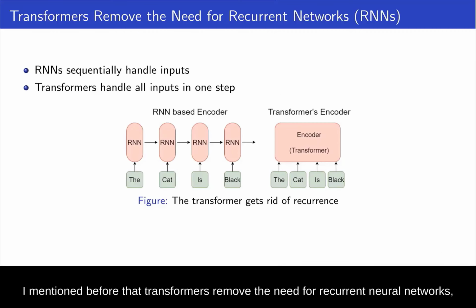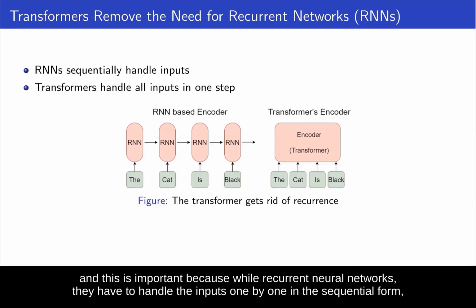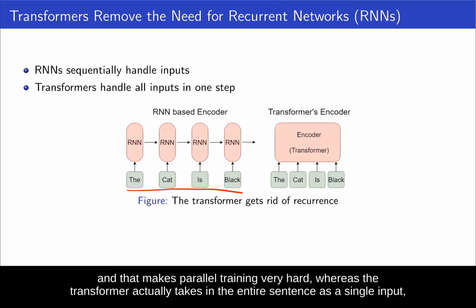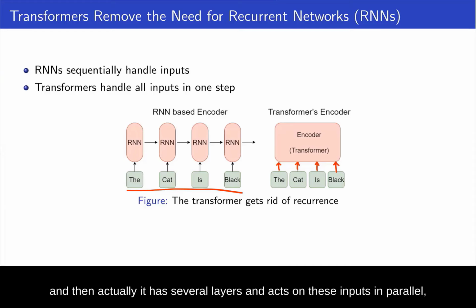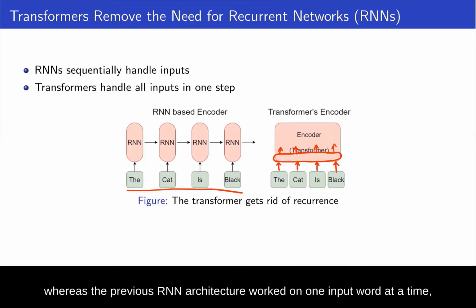So I mentioned before that transformers remove the need for recurrent neural networks. And this is important because recurrent neural networks have to handle the inputs one by one in sequential form. And that makes parallel training very hard, whereas the transformer actually takes in the entire sentence as a single input, and then it has several layers and acts on these inputs in parallel, whereas the previous RNN architecture worked on one input word at a time.